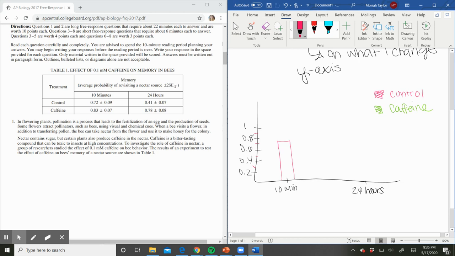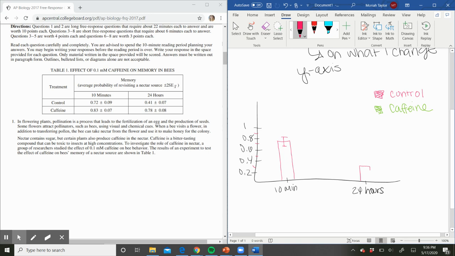So 0.72 minus 0.09 is 0.63. So that's about 0.63. And then 0.72 plus 0.09 is going to be 0.81. So I'm going to go right above 0.8. And that's going to be my error bar for this control. And then the control for 24 hours is 0.41. So I'm going to graph that.